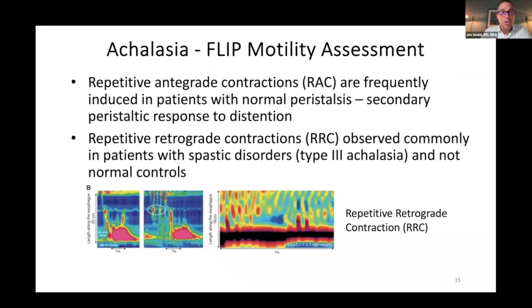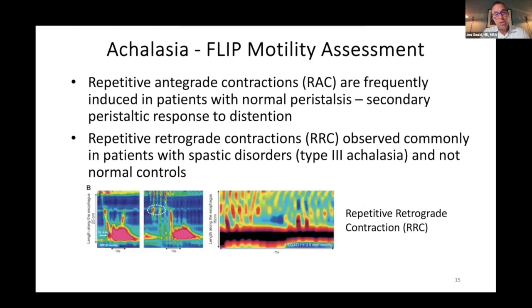When you put this balloon across the LES and you distend it, it can induce contractions in the esophagus. Repetitive antegrade contractions are frequently induced in patients with normal peristalsis, and this is a secondary peristaltic response to distension of the balloon.